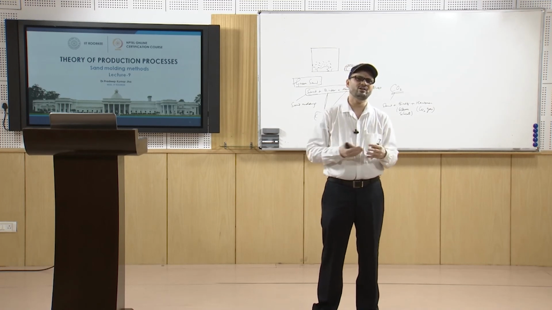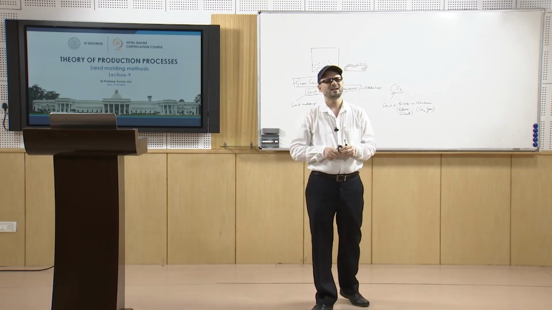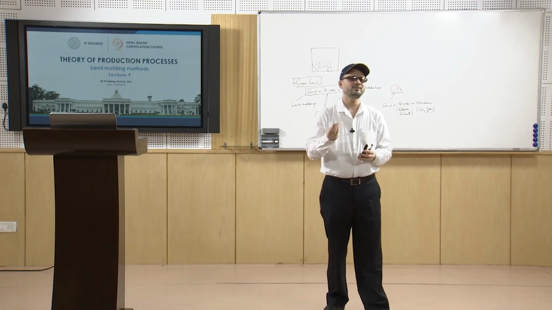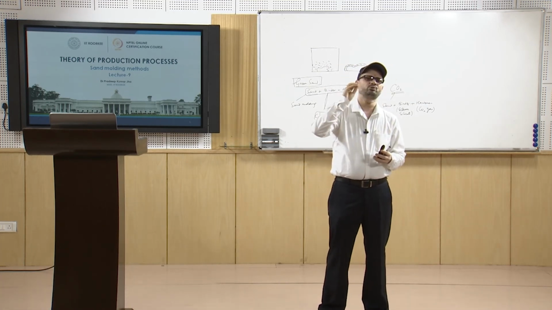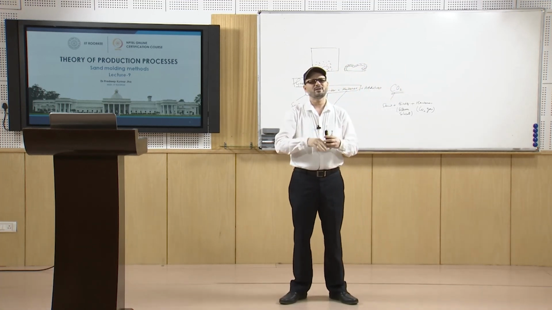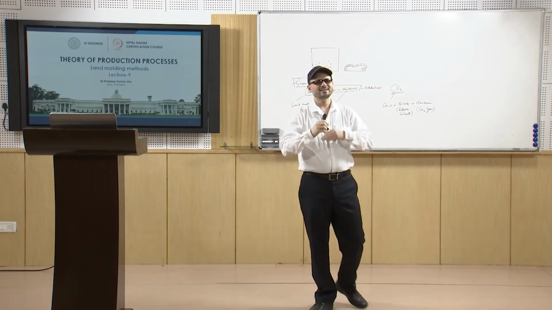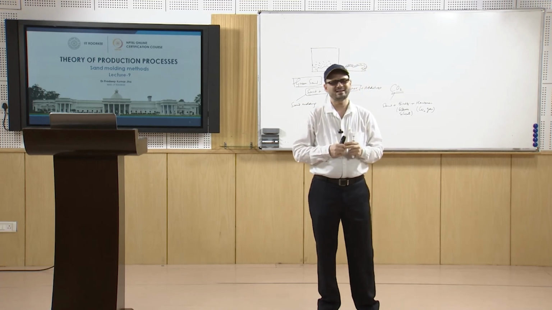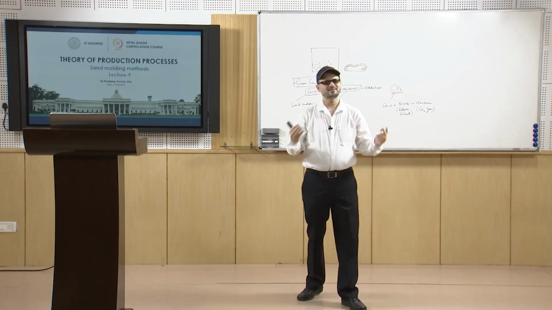Other defects like hot tear may arise. If it is too low, it may produce defects like drops, inclusions, or the sand may be eroded easily. So, these kinds of defects may come when there is no optimum density.